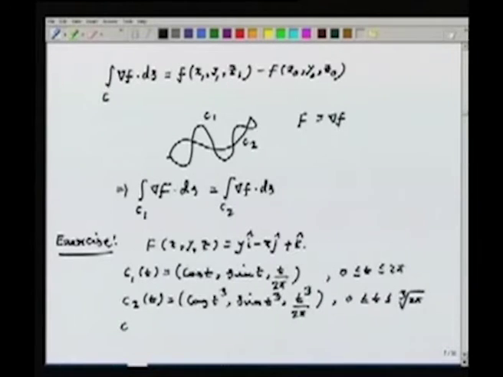And then I define C3, another curve, that is cosine t, minus sine t, t by 2 pi, where 0 is less than or equal to t, less than or equal to 2 pi.